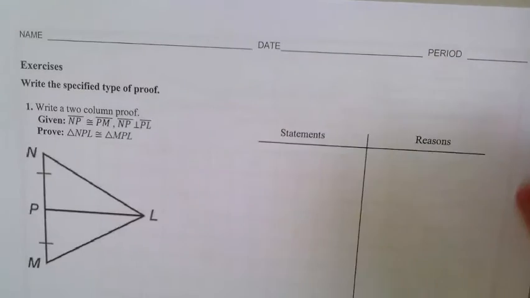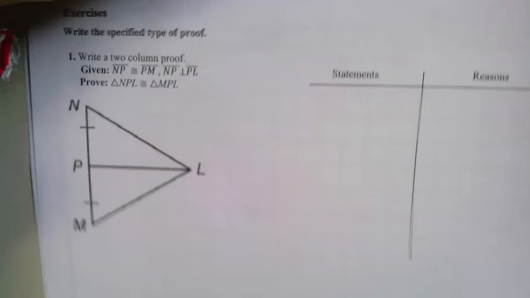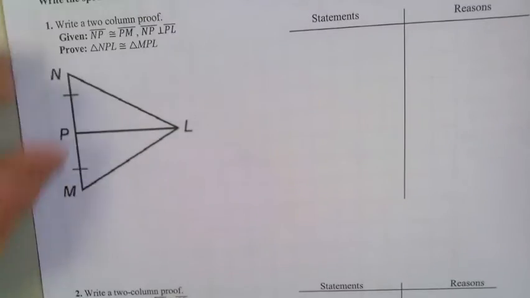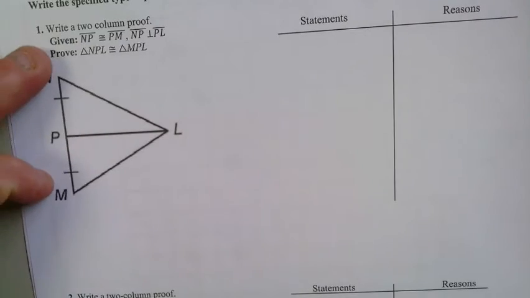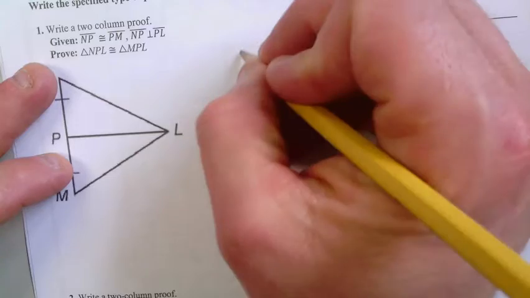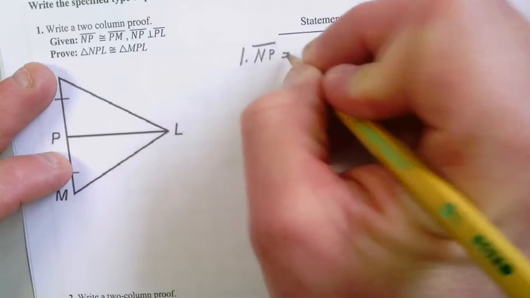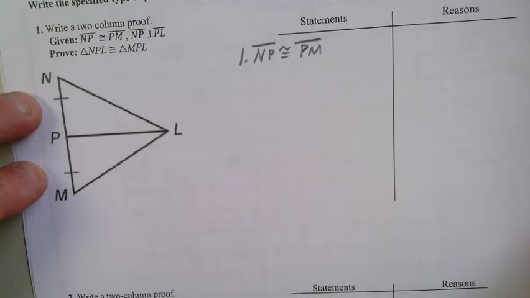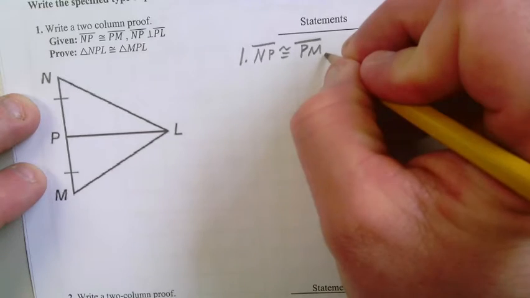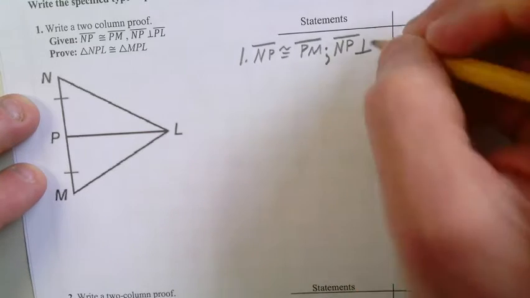Now, as I look at the next part of the worksheet here, the packet, we have some proofs, okay? So we're actually going to use what we just talked about. So it says here, write a two-column proof. We have the given, which I'll write out here, that NP is congruent to PM. And you'll notice in the diagram, it's already been marked out that way. Okay. We also know that NP is perpendicular to PL.